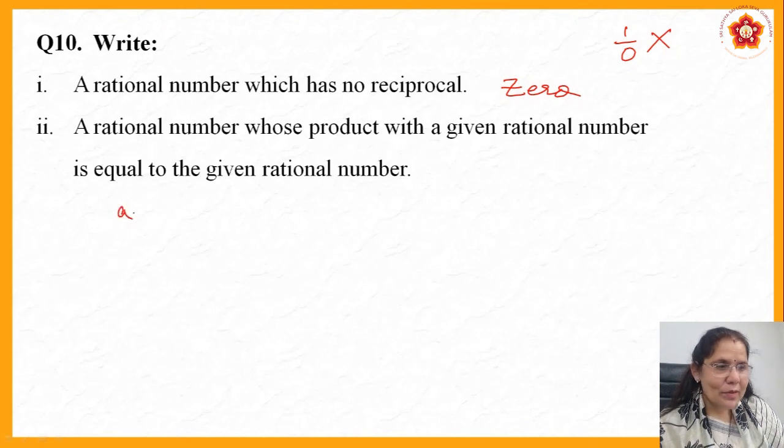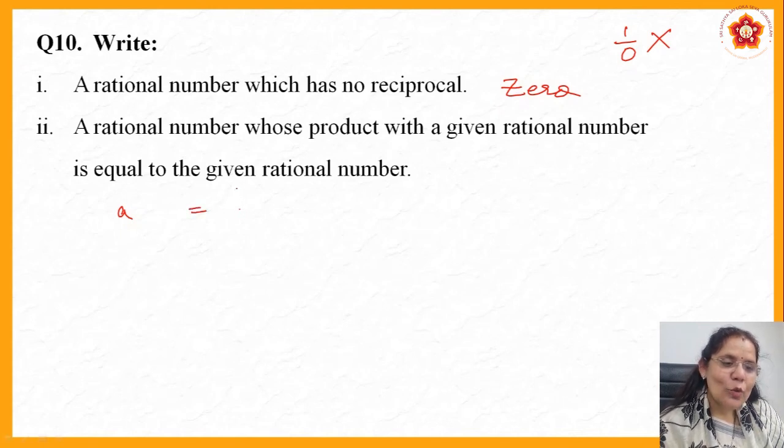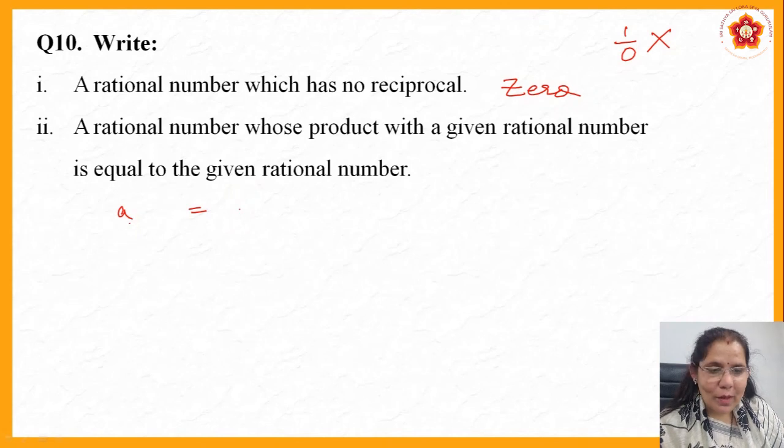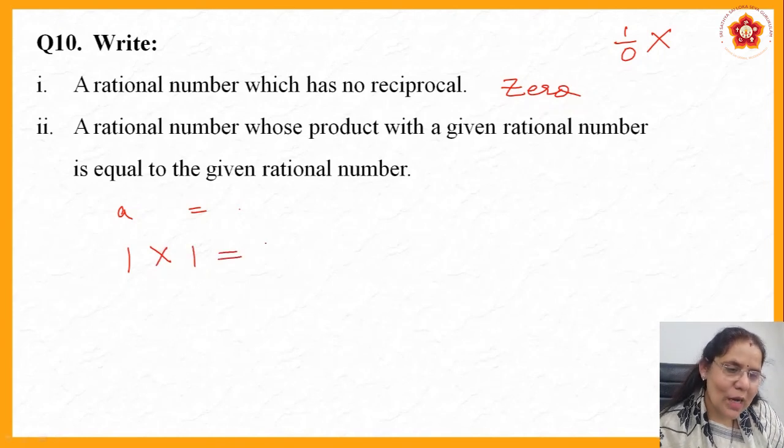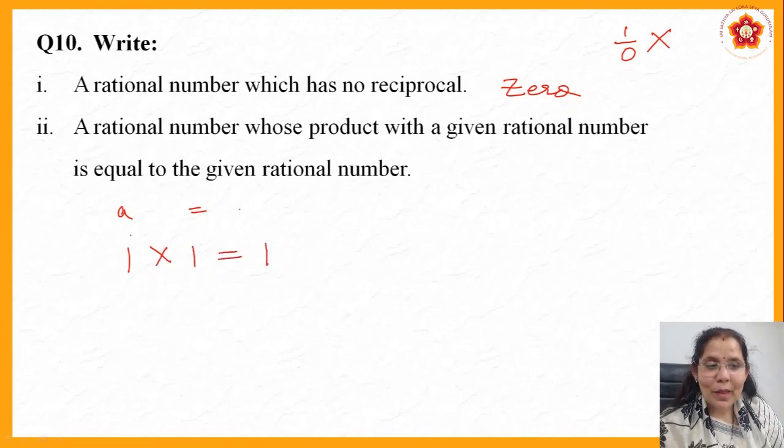You take a number, you have to multiply it by a given rational number, and answer should be equal to the given rational number. What about 1? 1, when it is multiplied with 1, it will give the answer 1.